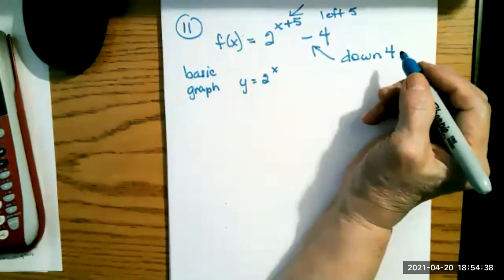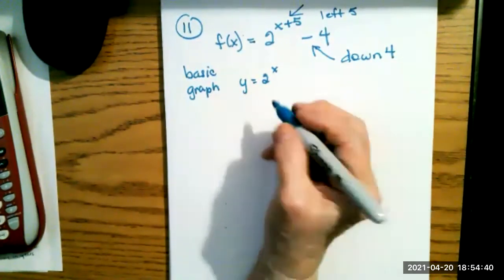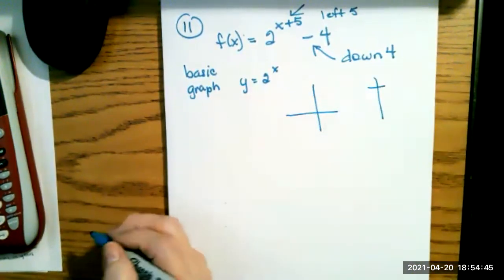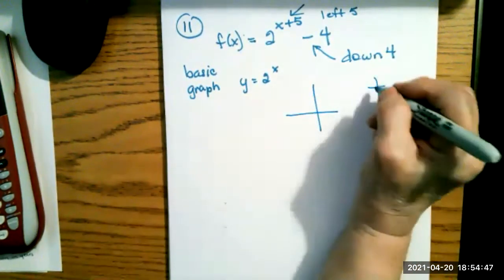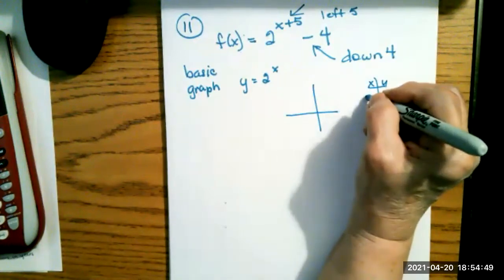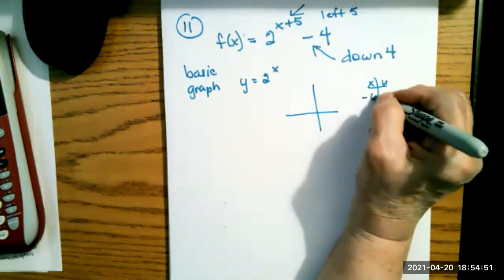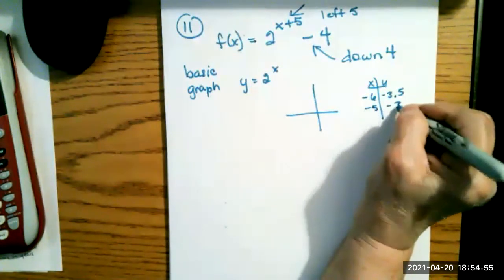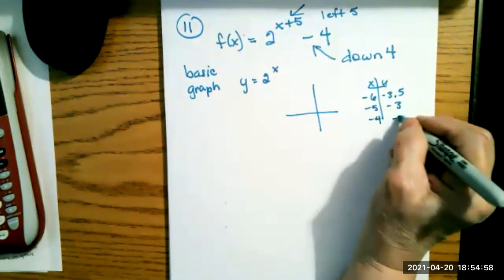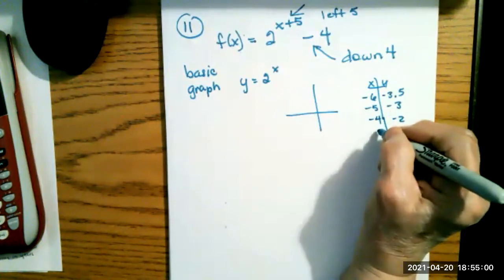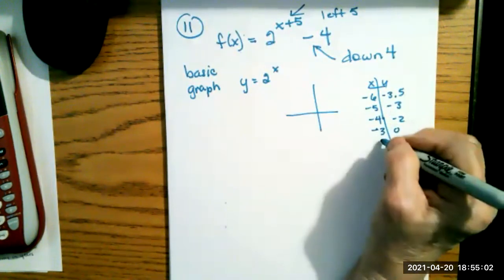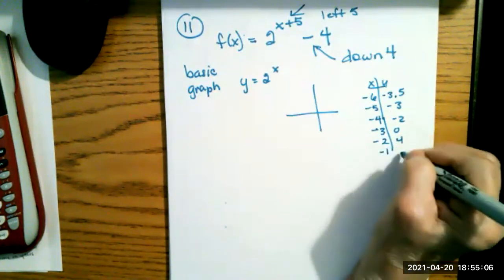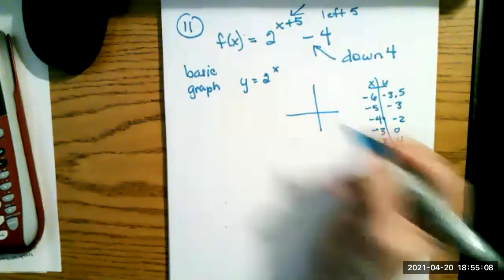Let's see, what is this graph going to look like? Are you getting good at putting these in there now? At -6 it is -3.5, -5 is -3, -4 is -2, -3 is 0, -2 is 4, -1 is 12.